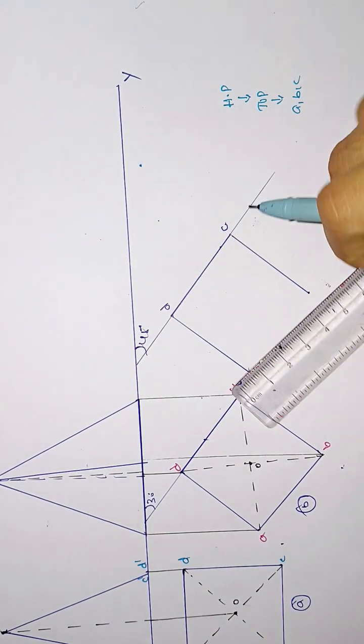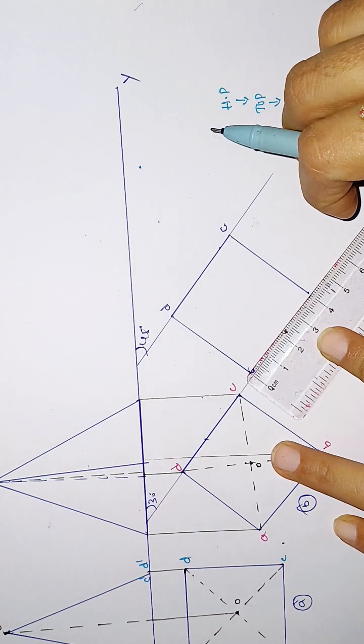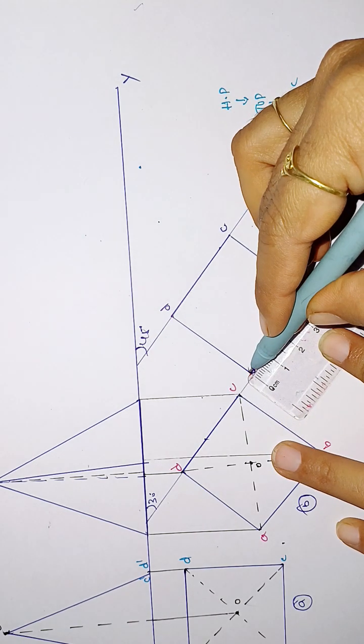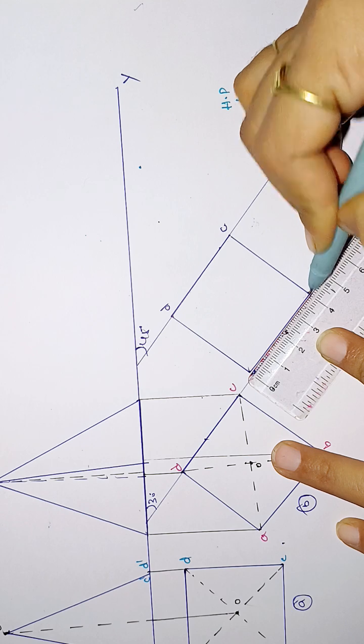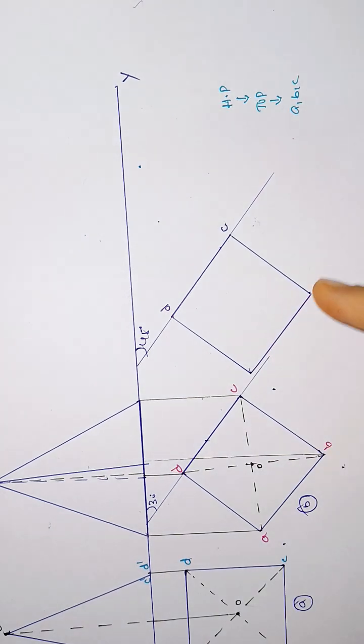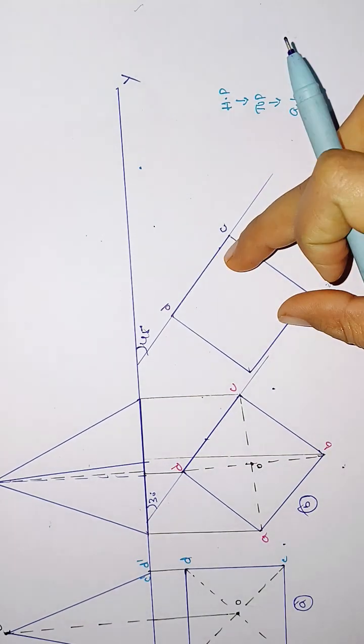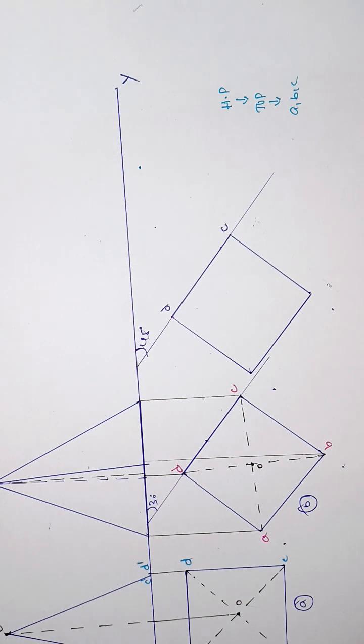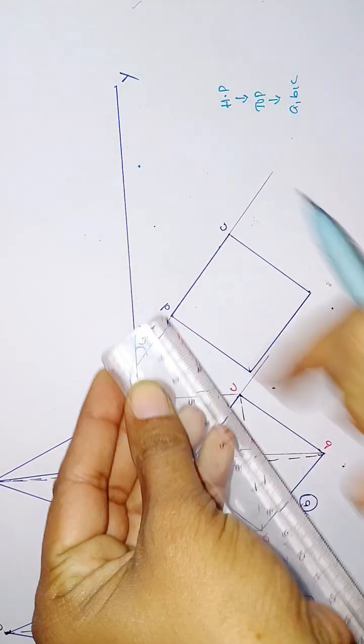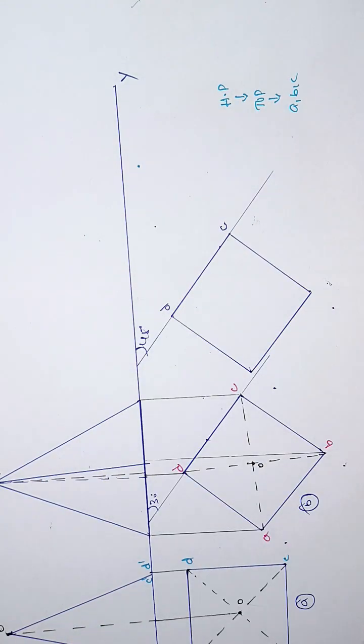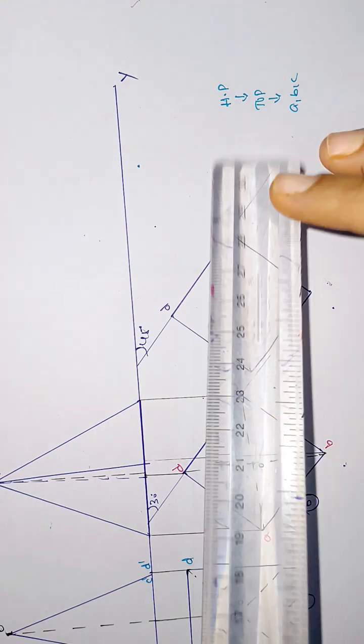Similarly, this one is without doubt 40. Then it is easy to identify this is a square. With free hand, if you draw any base of 40, 40, 40, 40 like this, that is not exactly a square.